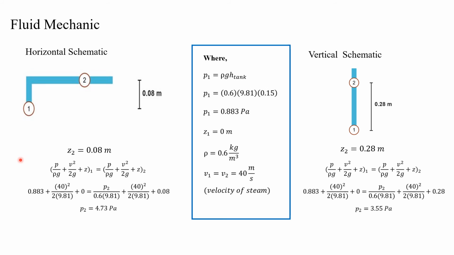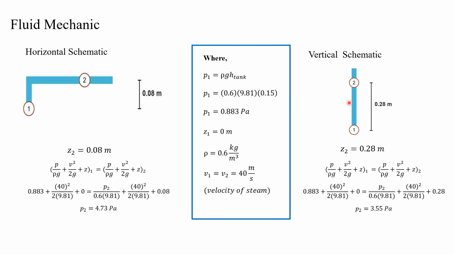Now we are moving on to the fluid mechanics analysis. The left side of this slide shows the schematic of the horizontal, while the right side shows the vertical schematic. This assumption is applied for both schematics.